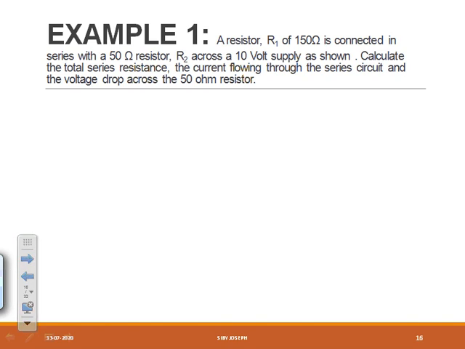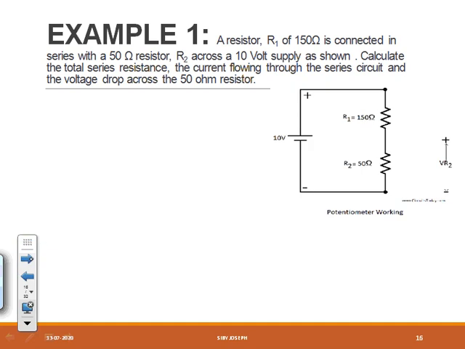Now consider an example. Consider two resistances R1 and R2. R1 is equal to 150 ohm, R2 is equal to 50 ohm.